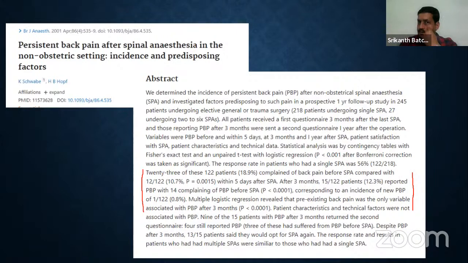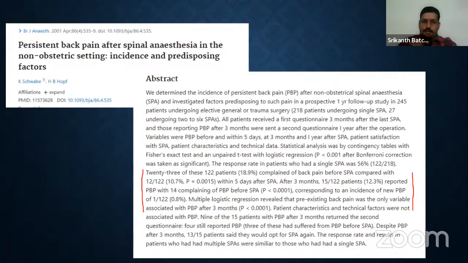If we look at the red marks, what I have underlined in that paragraph, coming to the results: 23 of 122 patients complained of back pain before spinal anesthesia, compared with 12 within 5 days. So these 12 had a new onset of back pain after spinal anesthesia within 5 days, and mostly these 12 patients had back pain due to the needle trauma.